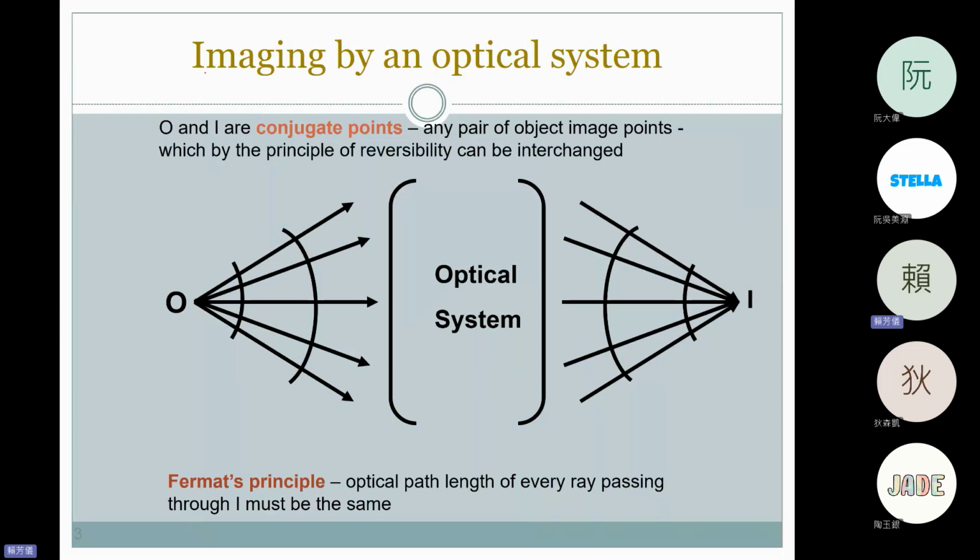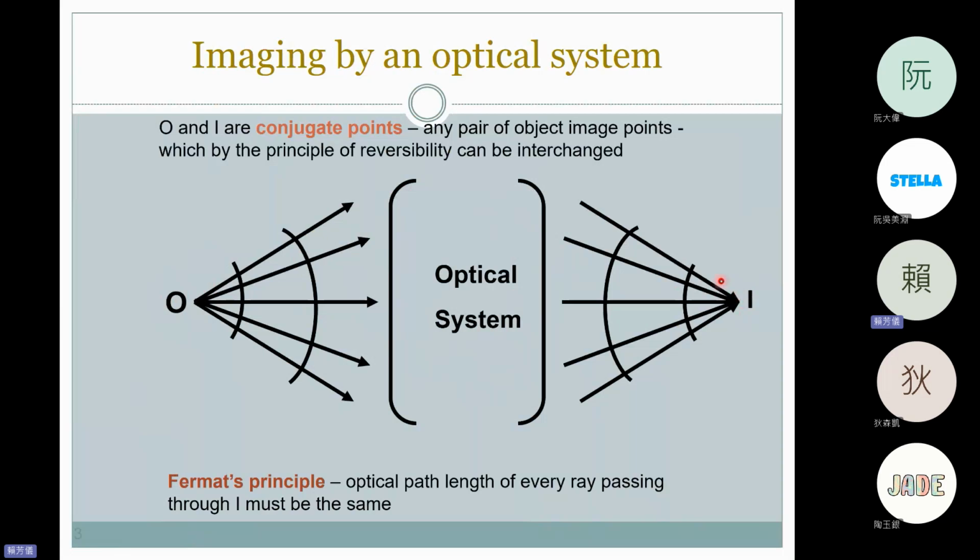If we have an object here, and the light emitted from the object goes to an optical system, for example a mirror, a lens, a combination of lenses or a combination of mirrors, it will form an image here.